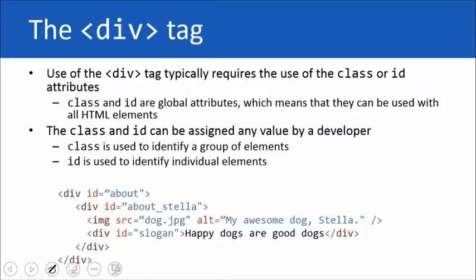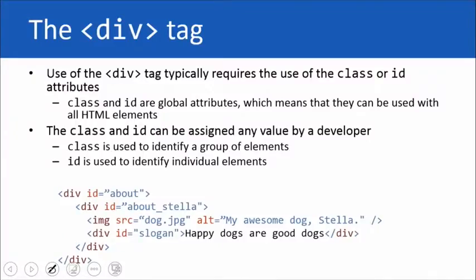So class and ID are global attributes which can be applied to any HTML element. Class is used to identify a group of elements, or like, I think of it like a class of students. So if you're all in the same class, you'd be like in Mr. White's AP Computer Science class. That would be a class, right? And then an ID would be like your student number or your name, right? Like Morgan, something along those lines.